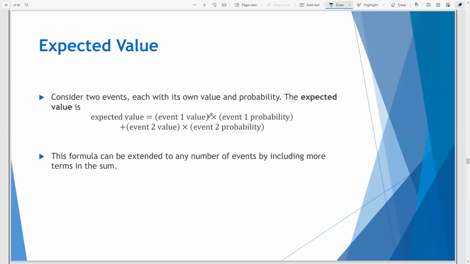Then, expected value: when we consider two events, each with a value and a probability, the expected value will be event one value times event one probability plus event two value times event two probability, and this can be extended to any larger number of events with other probabilities, including in this sum.